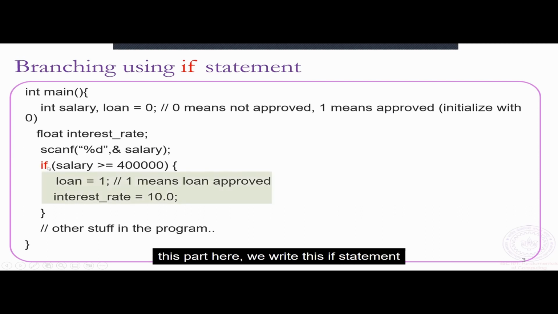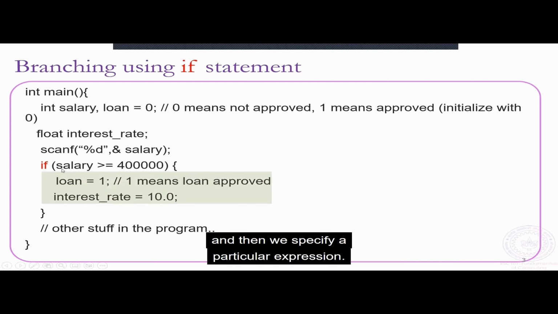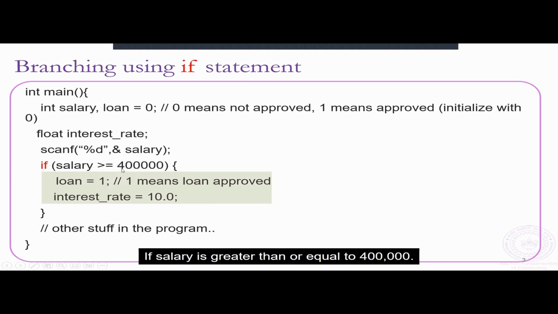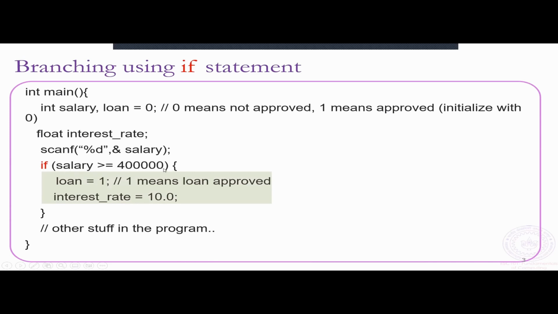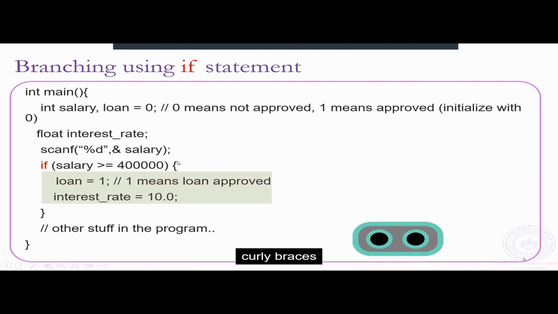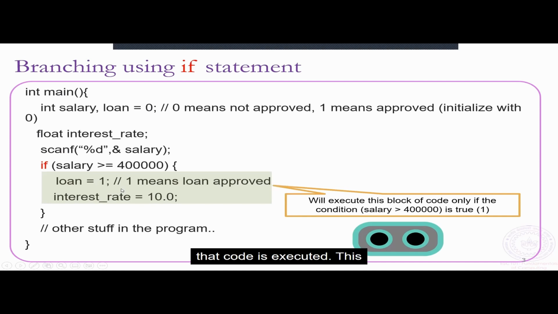We write this if statement, and then we specify a particular expression: if salary is greater than or equal to 400,000. Basically, if this expression evaluates to true, then whatever code exists in this shaded area between these two curly braces is executed.